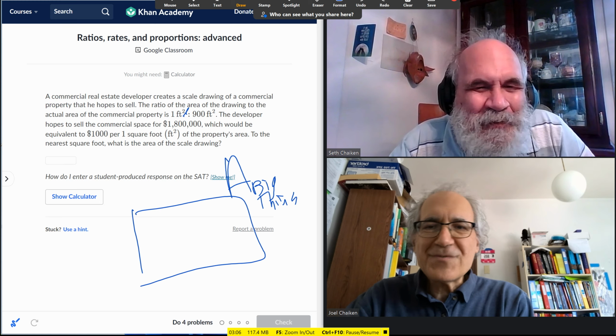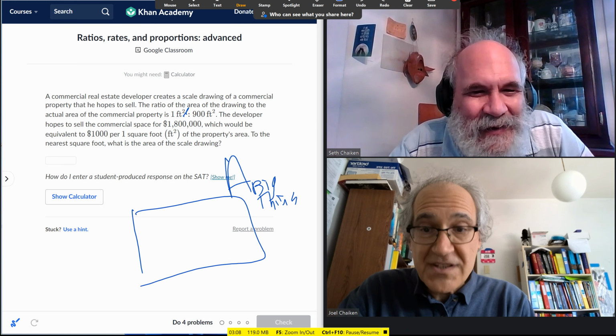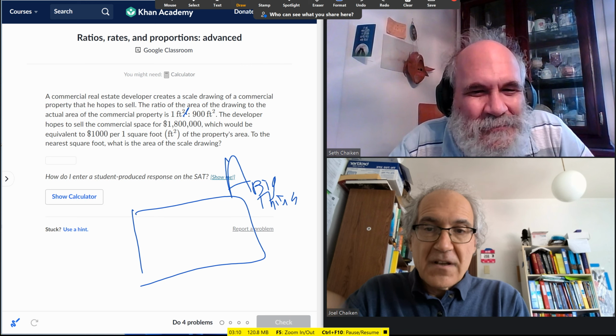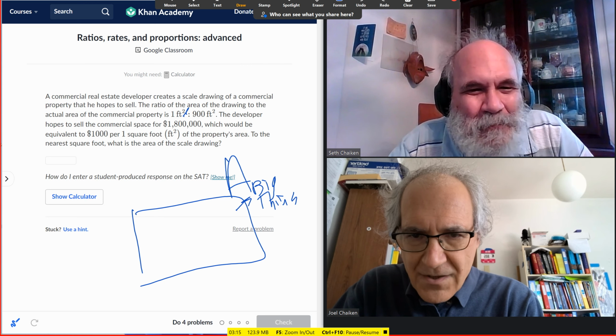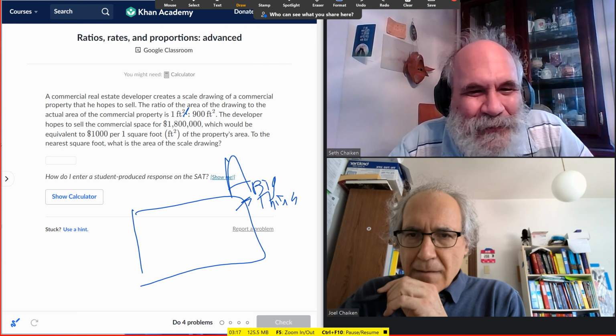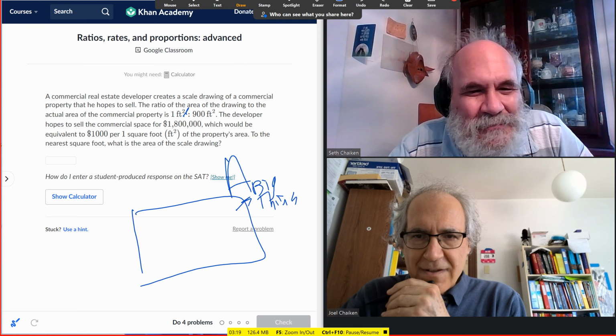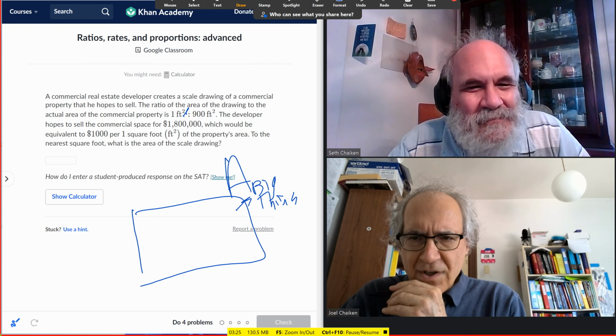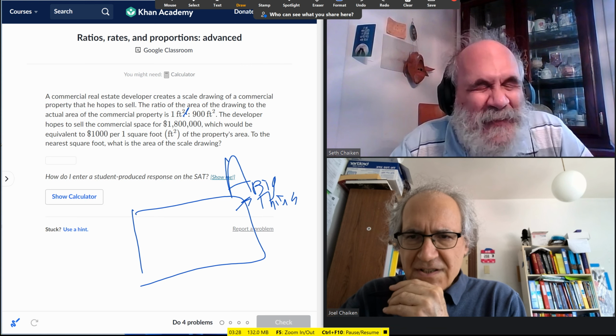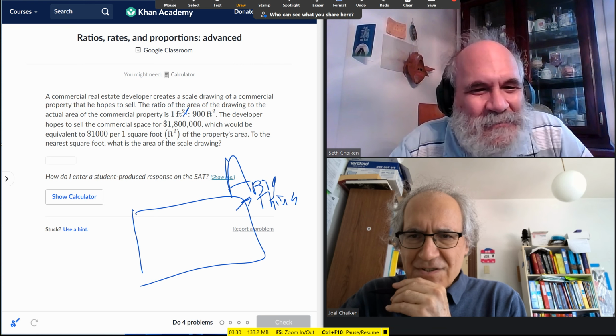I like to do these problems, and one approach is to do them backwards. First we go backwards. So first we need to know the area of the big thing. So how do we get the area of the big thing? The developer hopes to sell the commercial space for $1.8 million, which would be equivalent to $1,000 per square foot.